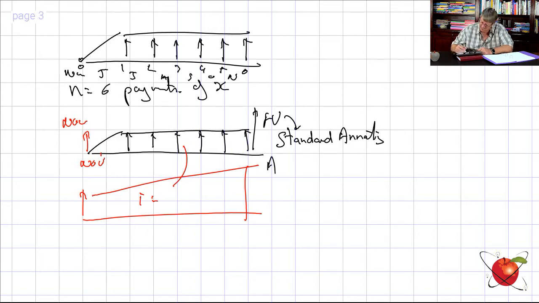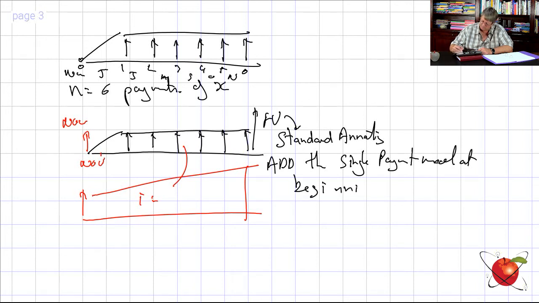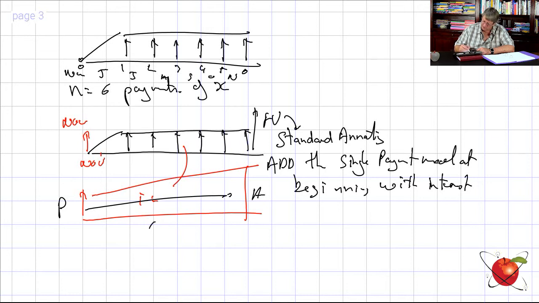Then I must add the single payment made at the beginning with interest, because this here is P and this is A. This must be done also over 6 months. There's 6 months of money that must be added onto that. That's what I have to do.